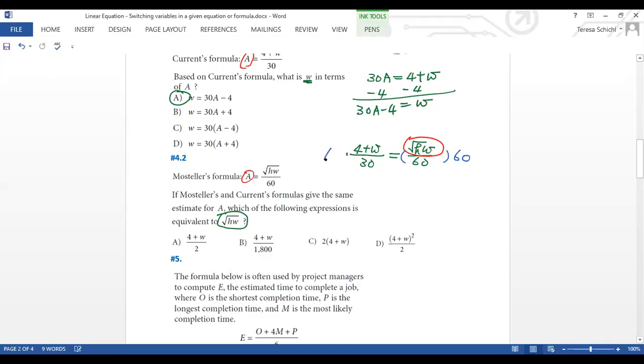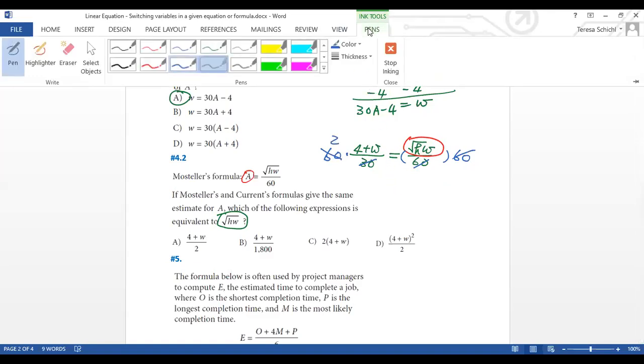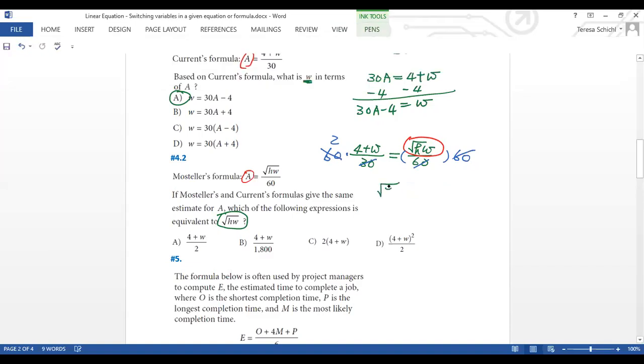So you times 60 on the right-hand side, you need to times 60 on the left-hand side. So 60, 60 cancel. Then 30 and 60 become 2, right? So that's why your final answer is that HW is equal to 2 times 4 plus W here.